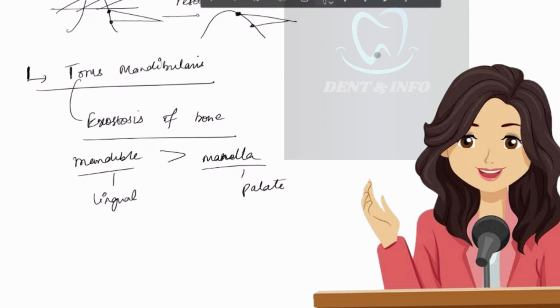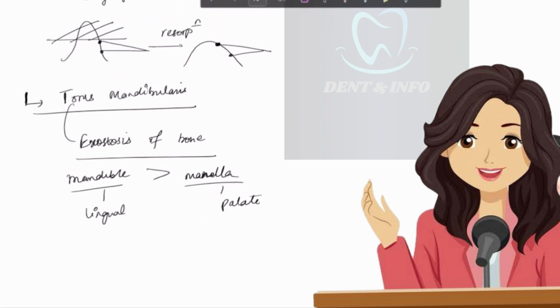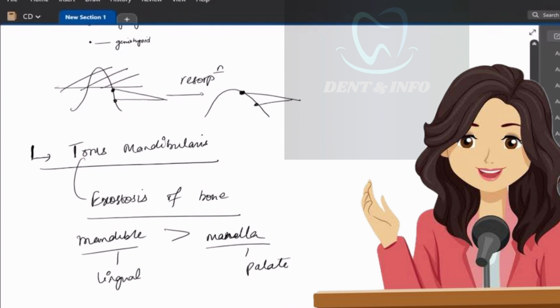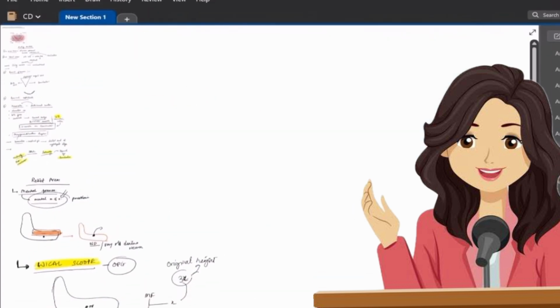Because if it is a larger tori, then it will remove a very big chunk of mandibular bone and eventually leave the mandible in a weak condition. So we need to then look into alternate means of prosthesis fabrication rather than giving a denture. So these are the problems with tori, palatinus as well as mandibularis. So together here, I think we have covered the complete portion of your maxillary mandibular anatomical landmarks, a very, very, very important topic that we have covered till now.